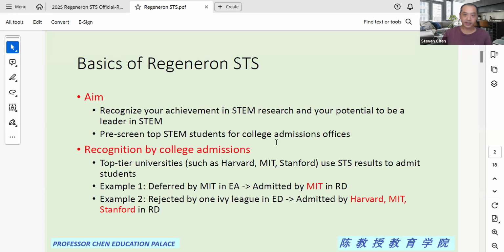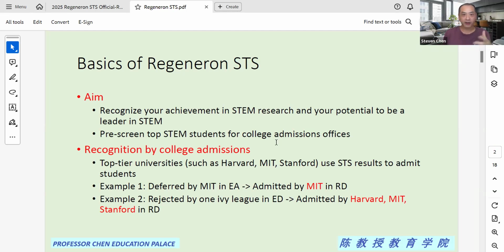Basically, based on your current profile, maybe you're at the borderline to be accepted into those top-tier schools. But if in January you get into STS, say top 300 or top 40, then your chance to be accepted by these top universities will be boosted a lot.